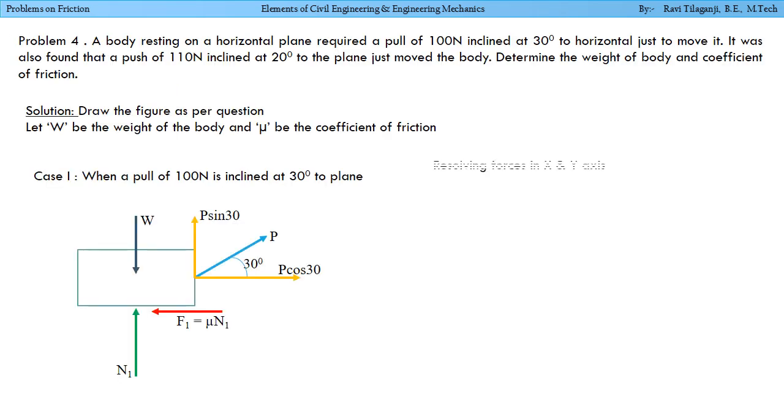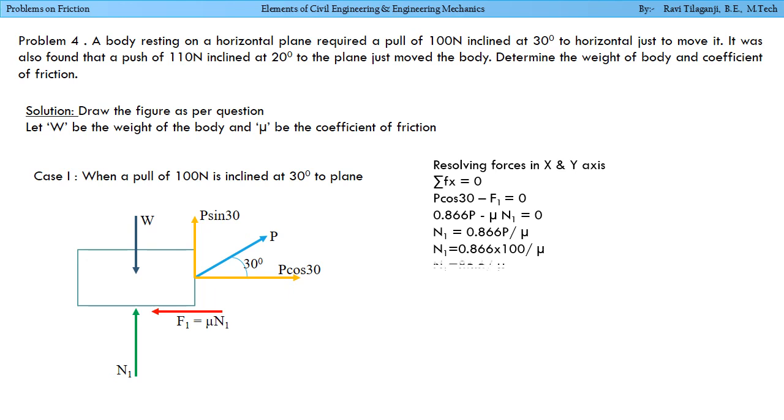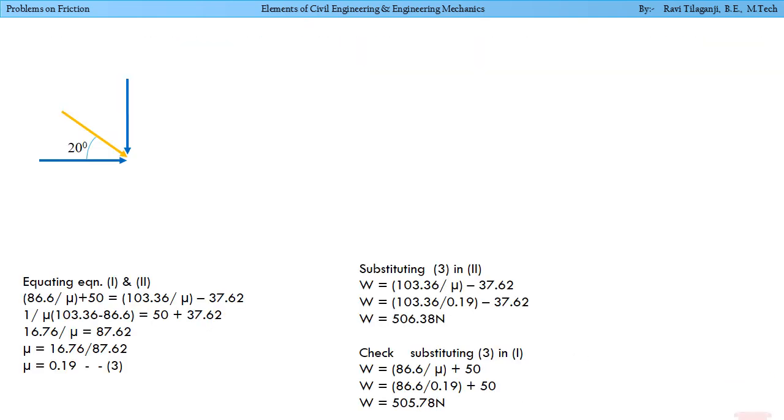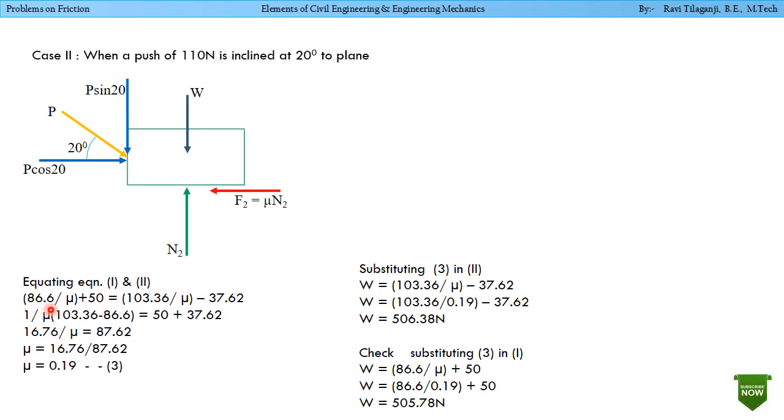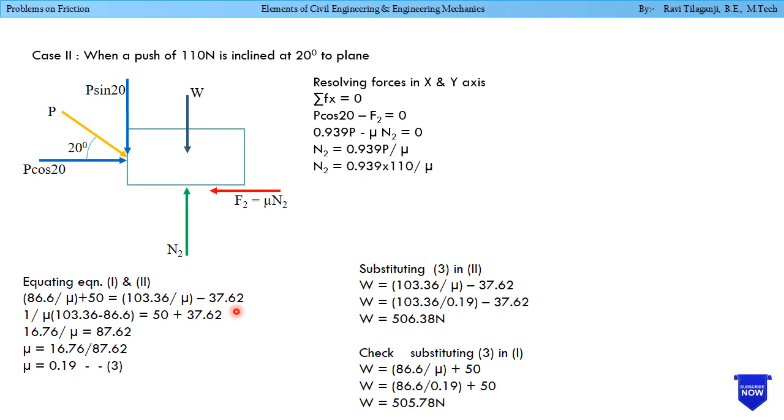So this part of the weight is here, which we can see W equals 50 plus 86.6, and we are able to write those equations. 86.6 divided by mu plus 50 equals 103.36 divided by mu minus 37.62.